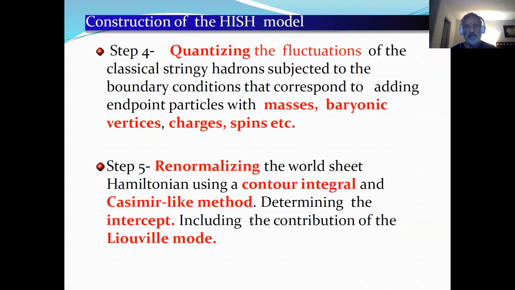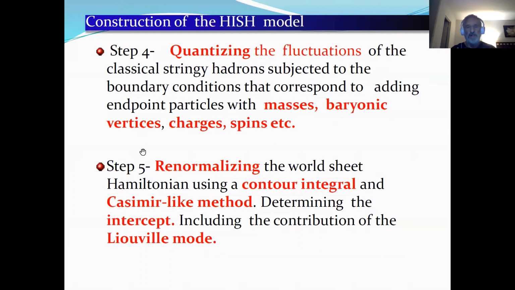Well, the point is that it will be associated with adding some non-trivial boundary conditions to the strings, which come in the form of endpoint particles that carry masses, charges, spins, and sometimes baryonic vertices.